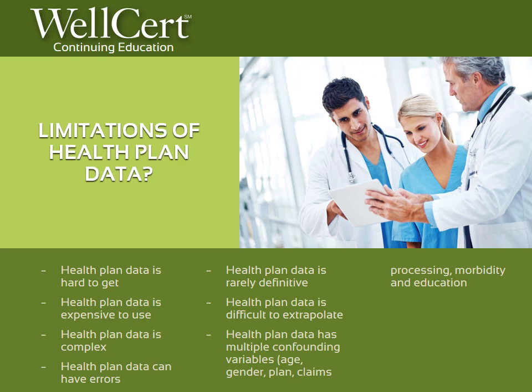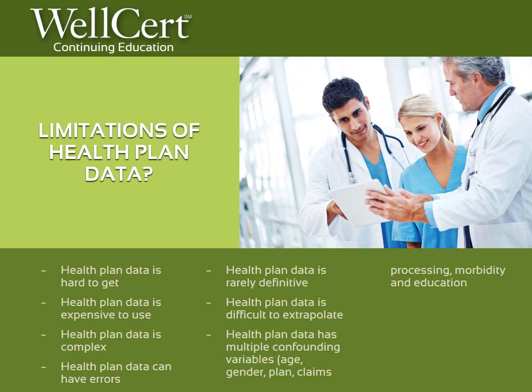Health plan data has multiple confounding variables. We're going to look at more of those in a moment, but the major ones are age, gender differences, plan differences, claims processing differences, morbidity or experience from illness and injury, and educational effects.